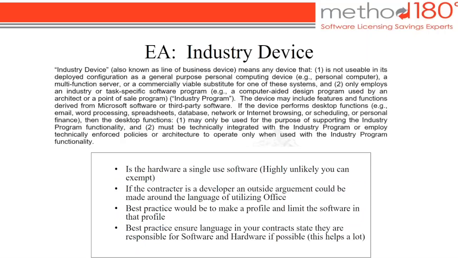But anybody that's signed a newer contract within the last 4 or so years, 4 maybe 5 years, this is sort of going to be the language that's in there with maybe some tweaks. Okay. So basically, an industry device is something that, if they're running an industry device, we could exempt from having to license these contractors.